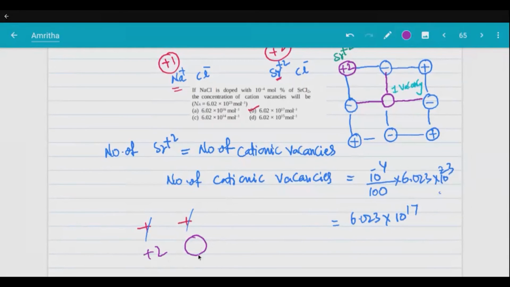One cation position is vacant. I removed two +1 charges from their positions, but in one of the positions I kept a +2 charge. Understood, no?